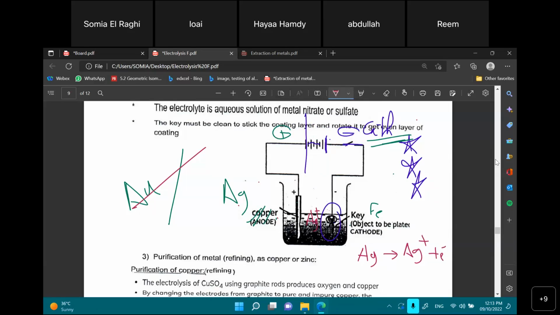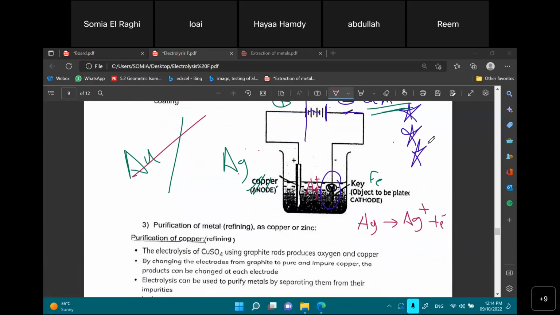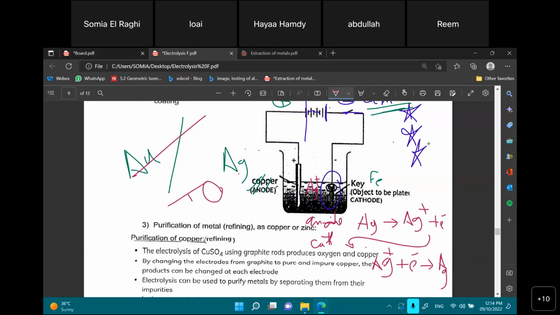So one equation and you flip it at the cathode. At the cathode, silver ion Ag+ gains the electron, forming what? Silver. So this key is completely coated now with silver. It is for decoration or looks much better, and also it resists rust.